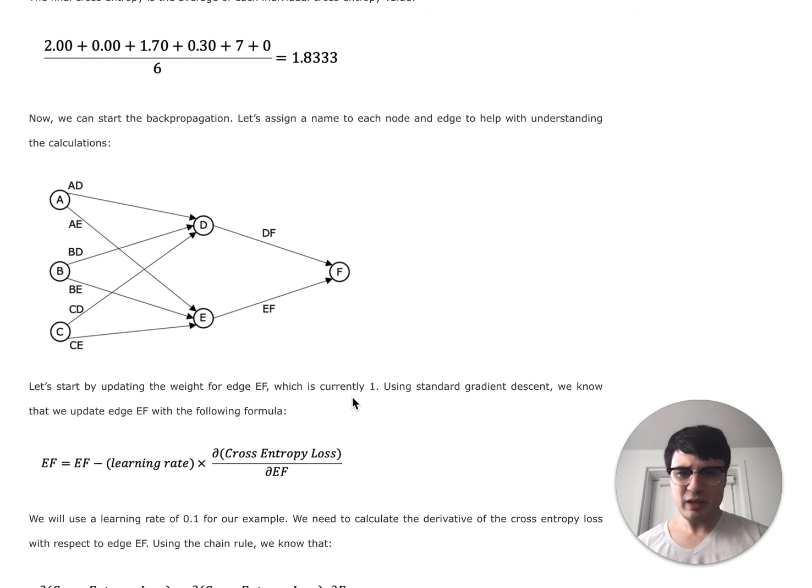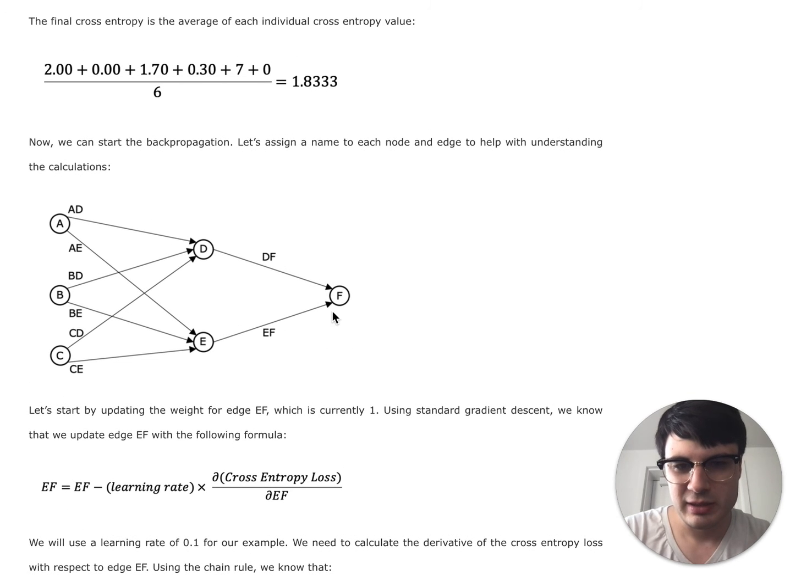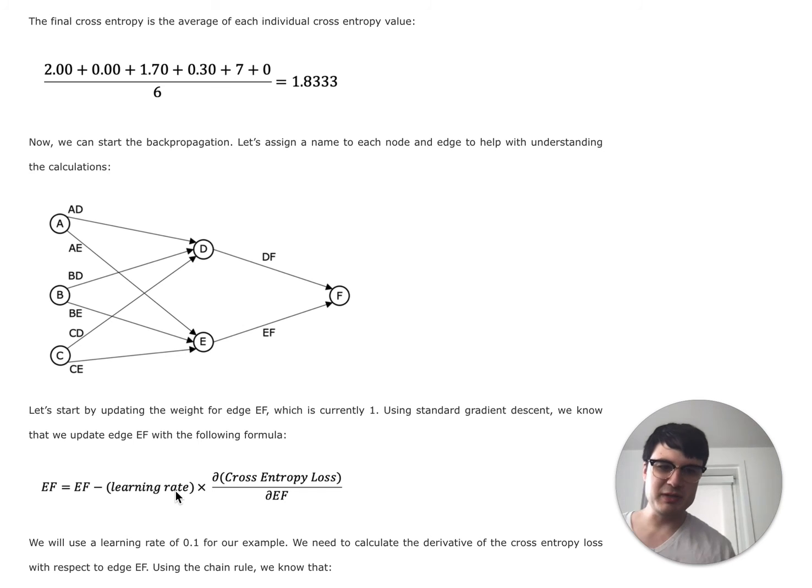Using gradient descent, we update each weight using this formula, but in particular we update weights df and ef with this formula. Starting with ef, we could say the new value of ef is equal to the previous value of ef minus a learning rate, which tells us how much we want to update the weights in each iteration or each epoch of learning.